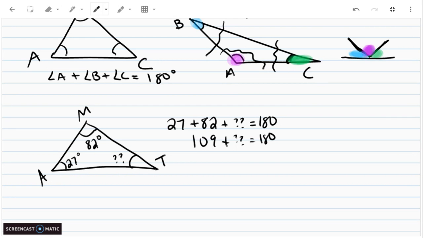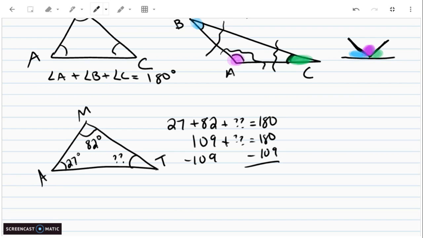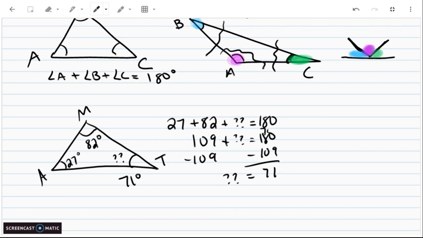Now all I've got to do is subtract 109 from 180. And if I do that, I have to borrow. And so that's a 1 and a 7. And so my question mark angle equals 71. So I can just say question mark equals 71 degrees.